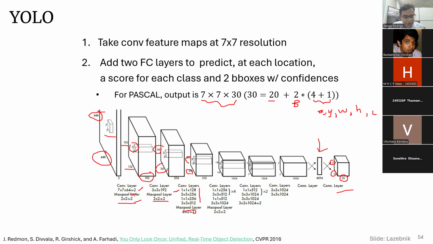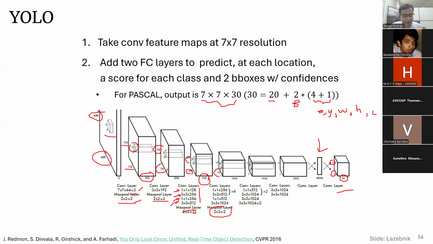So 1 by 1 convolutions generating 128 feature maps, 3 by 3 convolution generating 256 feature maps, and on top of that 1 by 1 convolution generating 256 feature maps, and finally 3 by 3 convolution generating 512 maps. I don't know why, that's the structure they decided. Then again, some convolutions and then max pooling.